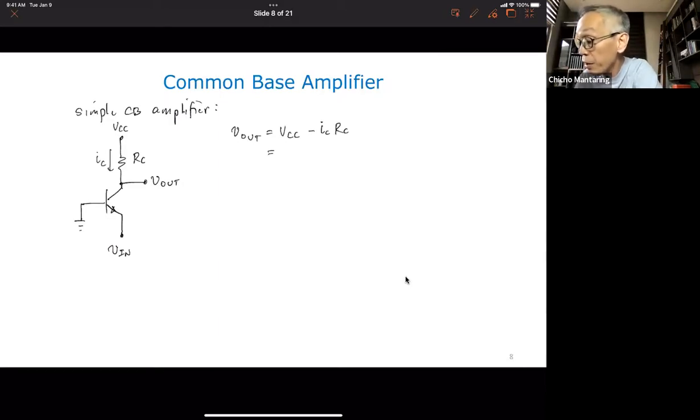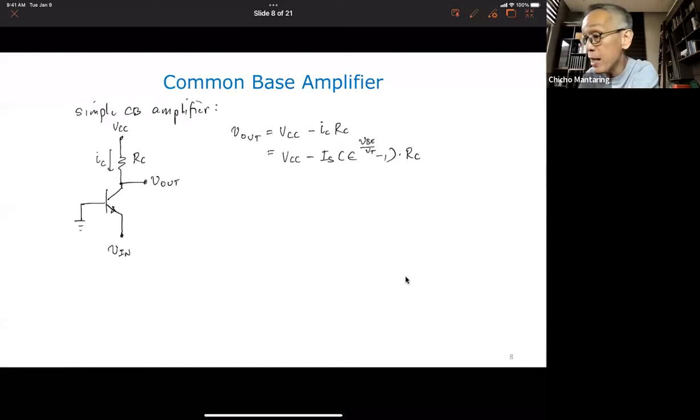So this is VCC minus, okay, what is IC? Again, let's neglect early effect. So this is IS e to the VBE over V T minus 1 multiplied by RC.